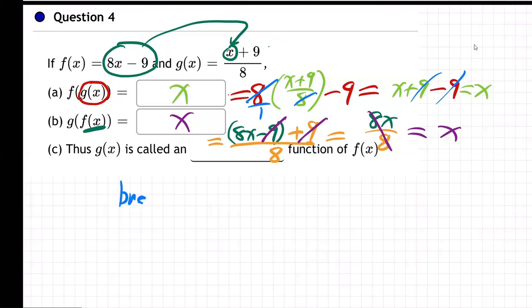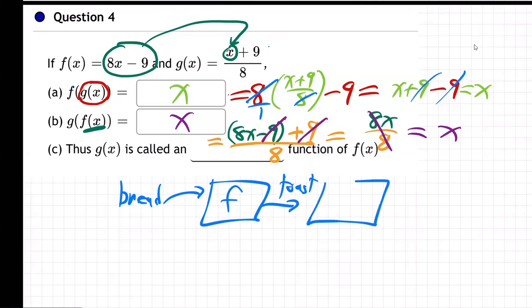What if I took bread and I put it in some kind of machine, some kind of function, F, right? And it came out as toast or whatever, and I put it into some other kind of function. And then when it came out again, it was back to the way it started.